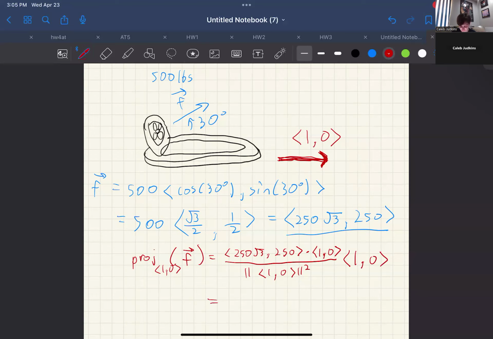The dot product of these two vectors: 250 root 3 times 1 is 250 root 3, and then 250 times 0 is 0. So that's just plus 0 on top.